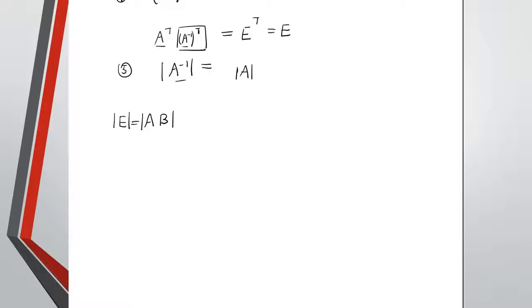And from the last multiplication property about determinants, the determinant of the product of A and B is nothing but the product of their determinants, like this. And the determinant of the E matrix will become 1.